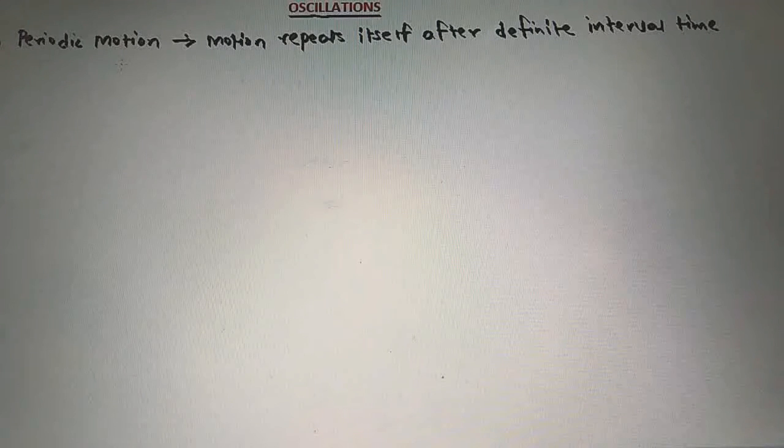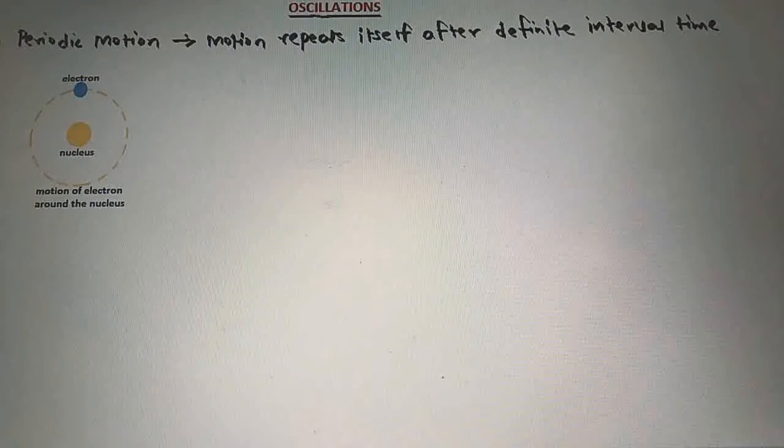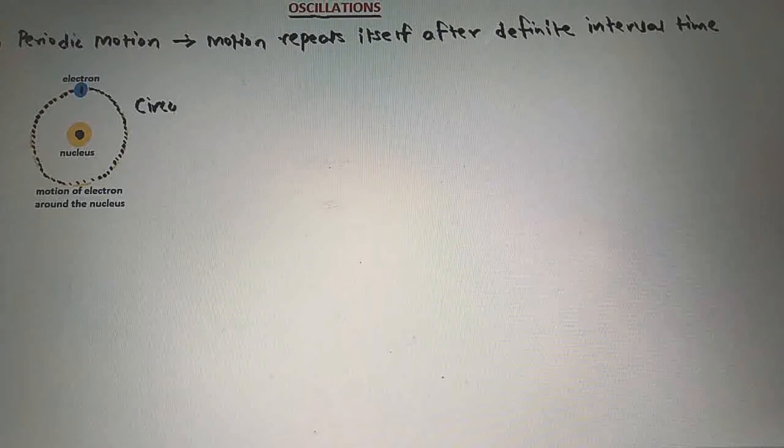Now we will see some examples of periodic motion, such as the motion of an electron around the nucleus. See here, this is a nucleus and this is an electron. This electron is revolving around the nucleus in a circular orbit. The motion of the electron around the nucleus is a circular motion, and this circular motion repeats itself after a definite interval of time.